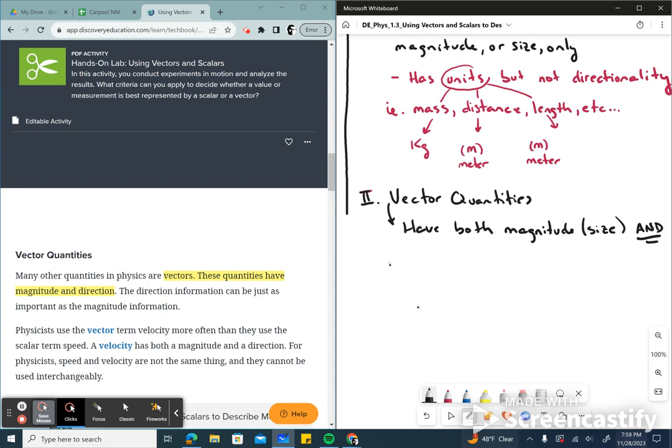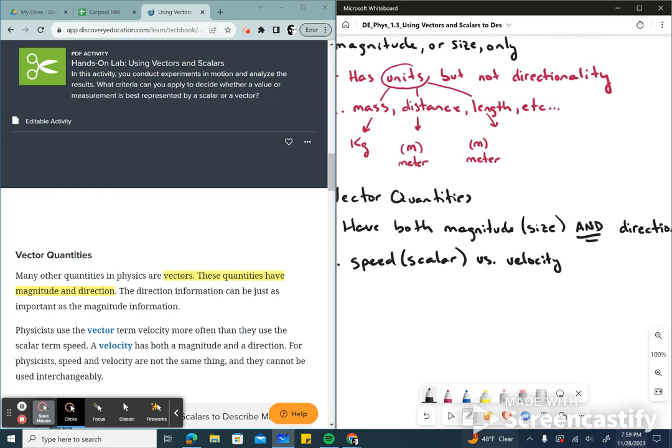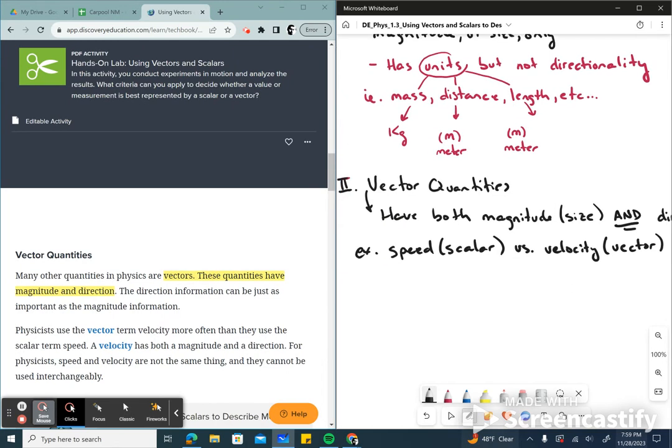So we could say an example is speed, which is a scalar, versus velocity, which was a vector quantity. The speed would be to say something like you're going 80 miles per hour.